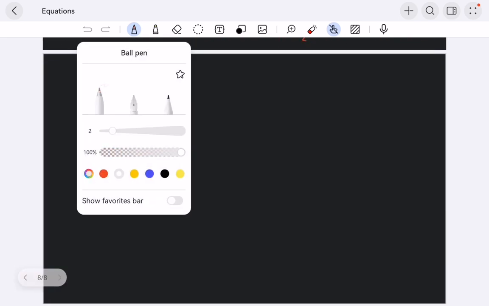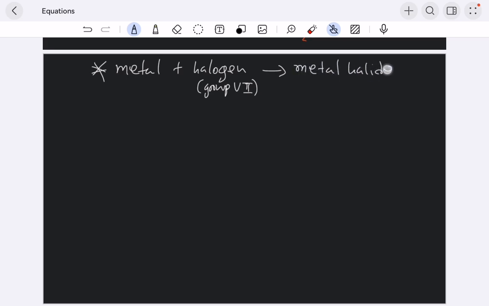Let's look at the last one. The last one is metal plus halogen. Halogens are group 7 elements on the periodic table. This produces what we call a metal halide. Let's look at an example. I'll use magnesium again.